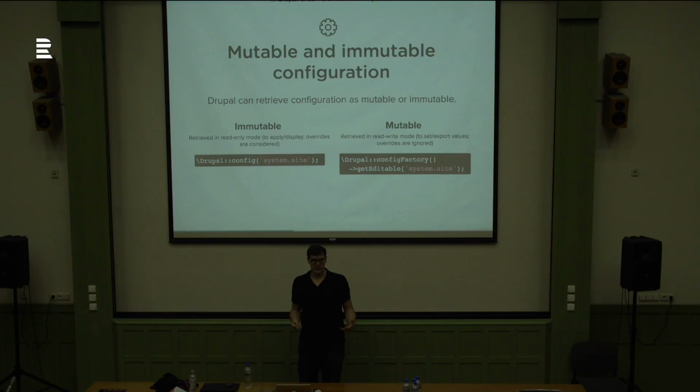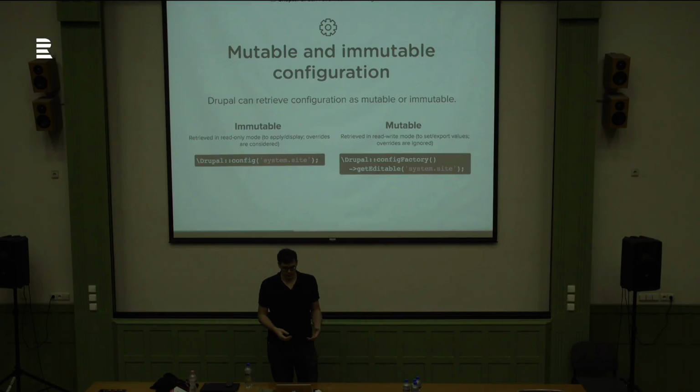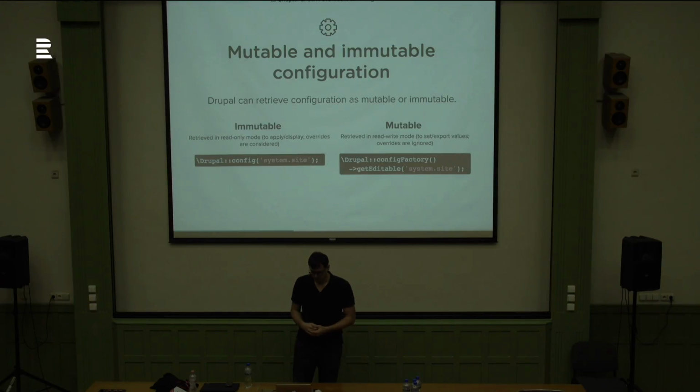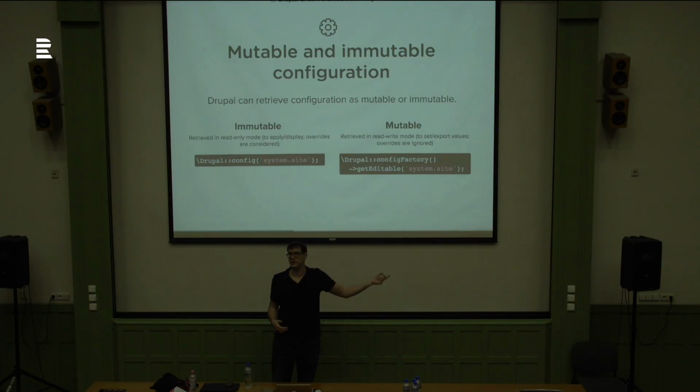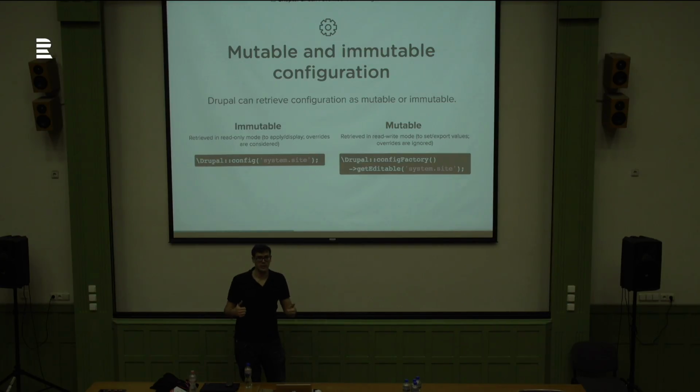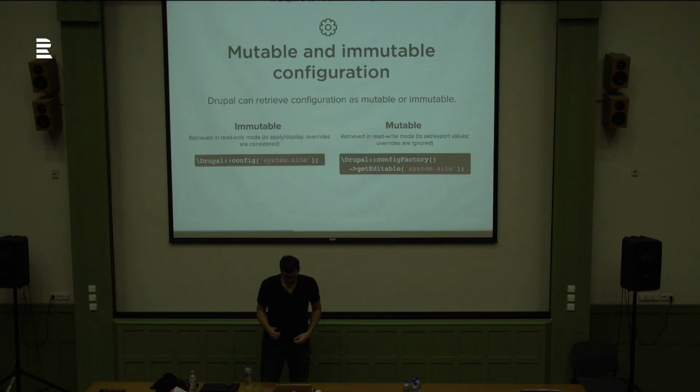But in a form, for example, when you want to save the configuration, you need to have the bare configuration that is in the file, and for that you get the mutable configuration. Of course, you should not use it directly like this. You should always use dependency injection and not the global services, right? You know that. Okay. Then you get the mutable configuration, which does not contain the overrides, but it allows you to save the configuration.